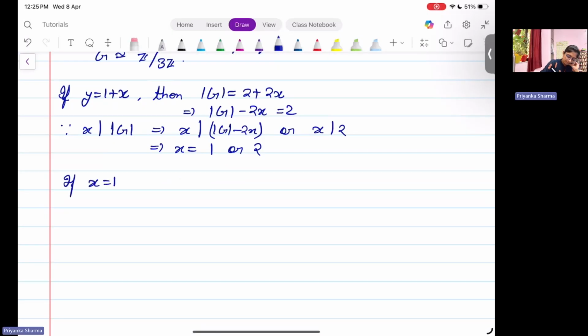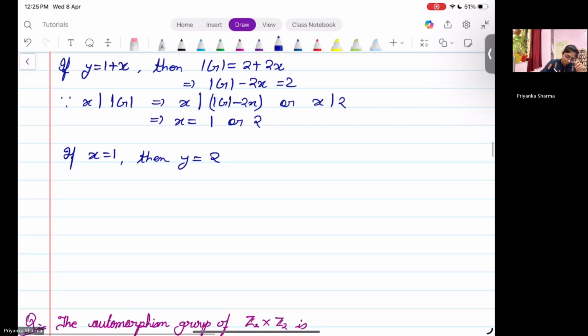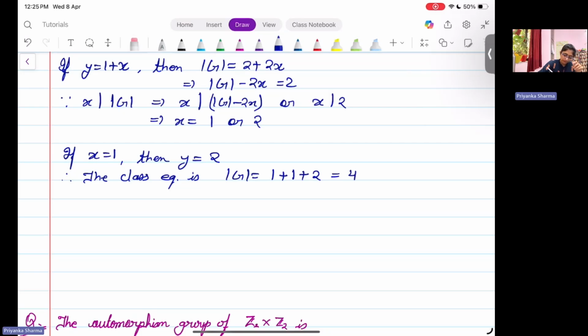If x is 1, then y will be 1 plus x, that is 2. The class equation will be order of G is 1 plus x plus y, which is 1 plus 1 plus 2, sums to 4.